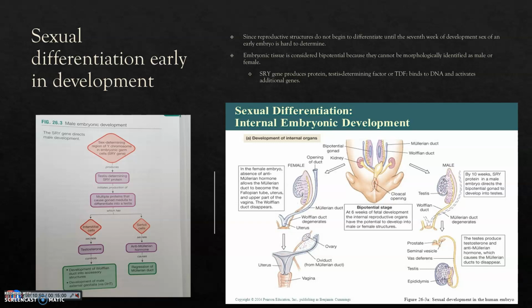So when we have the bipotential stage around week 10 in men, the Wolffian duct stays and develops into the vas deferens and seminal vesicle, prostate, and all those sexual reproductive organs for the male. And the Müllerian duct is the one that degenerates. But in the female, in the absence of the SRY gene, the Müllerian duct stays around and the Wolffian duct begins to degenerate. So we get that opposite effect for the females.